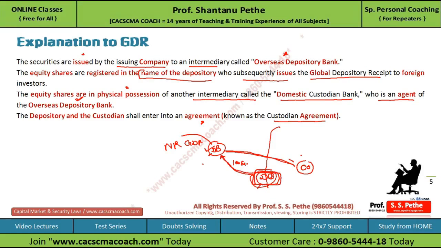On the basis of these physical shares, the Overseas Depository Bank will issue the GDR to non-resident investors, which may comprise, let's say, 1 GDR for 100 equity shares. So you can see that the underlying asset of this GDR is basically the equity shares of the issuing company.